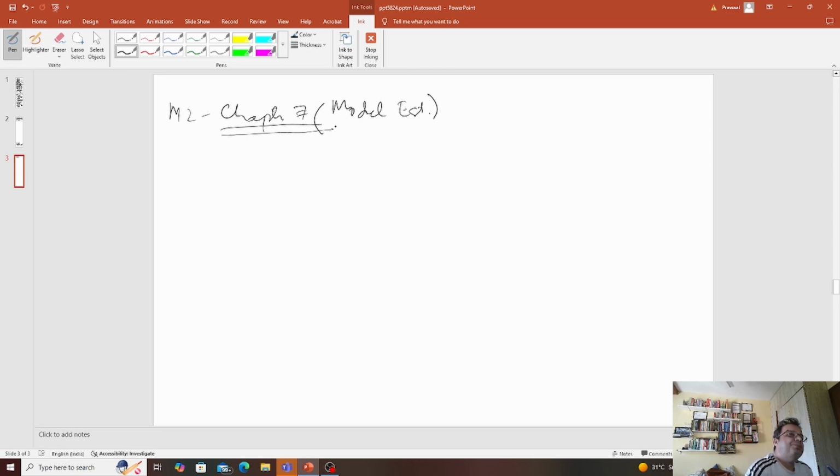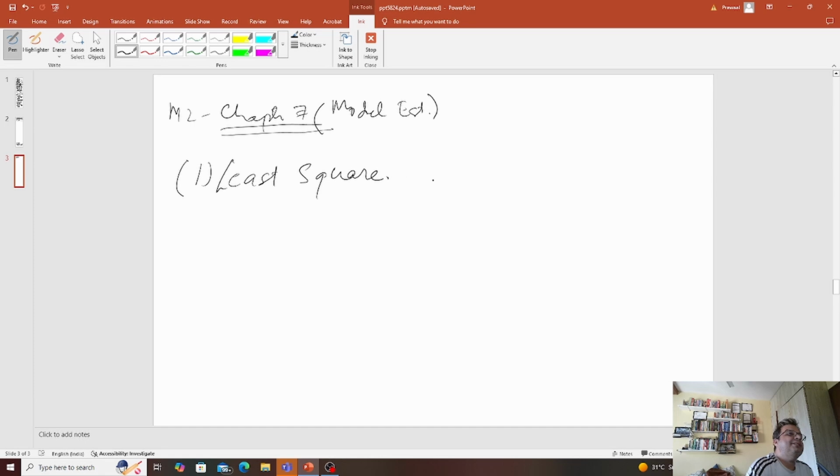So, let's start with the very basics. Generally there are 3 fundamental techniques to do model estimation. One is called the least square approach. In the least square approach, we minimize the residual sum of squares.